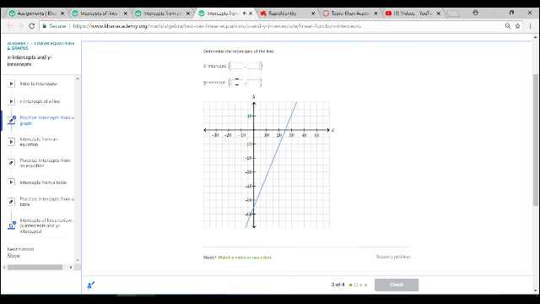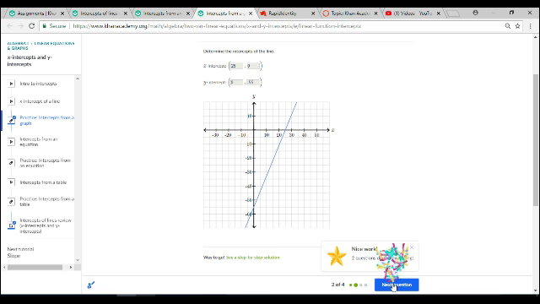Here, the y-intercept is going to be 0, negative 55, and the x-intercept is going to be 25, and the y value will always be 0 for the x-intercept.